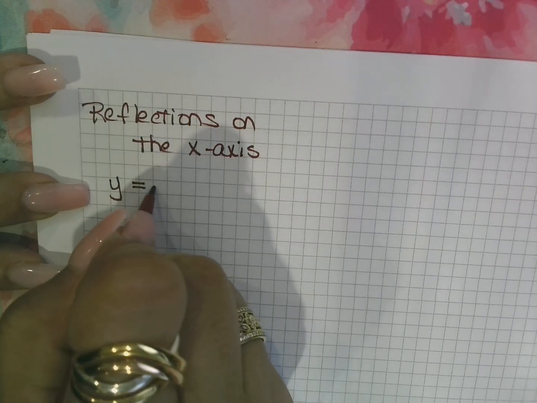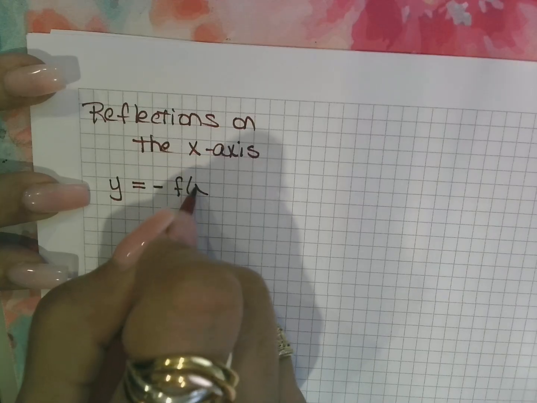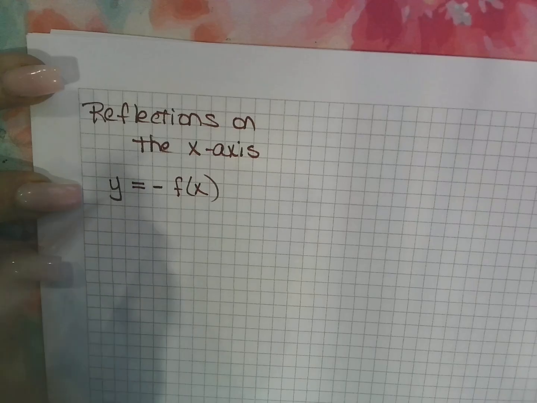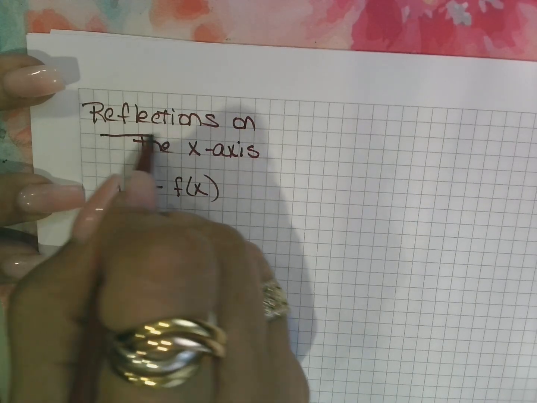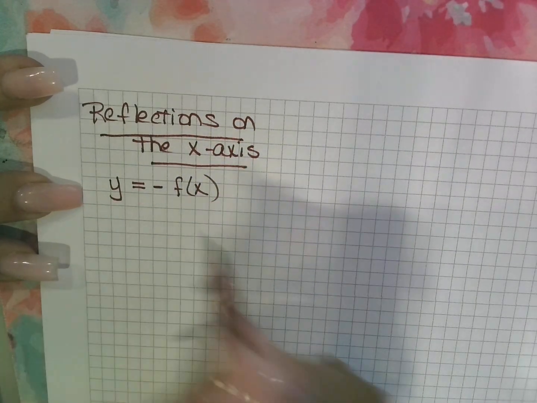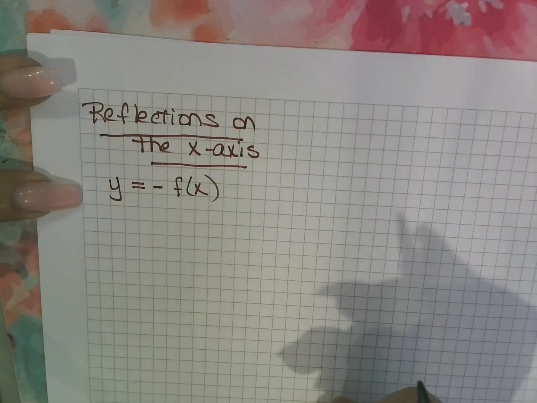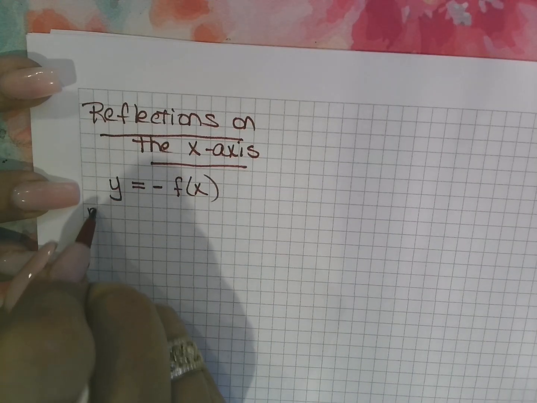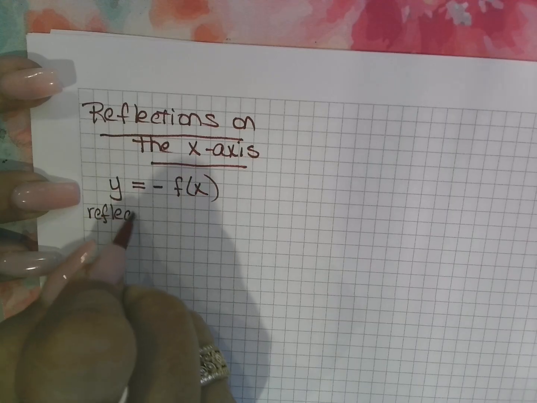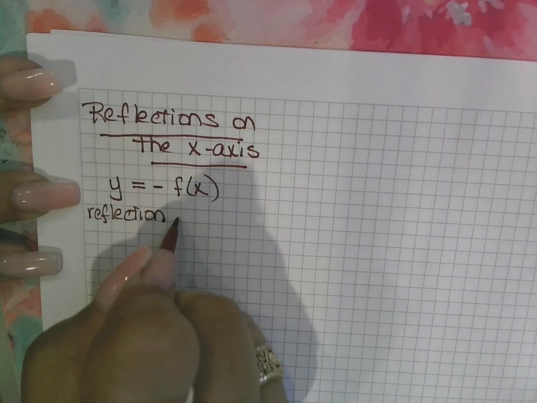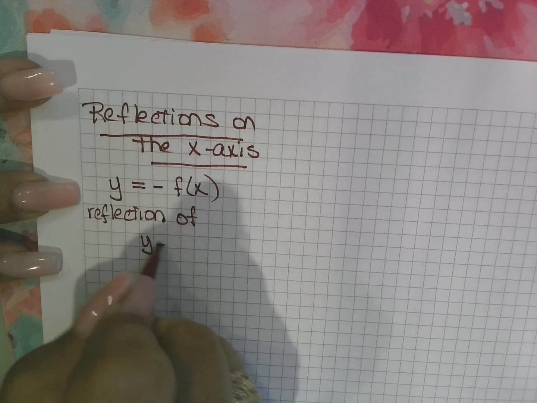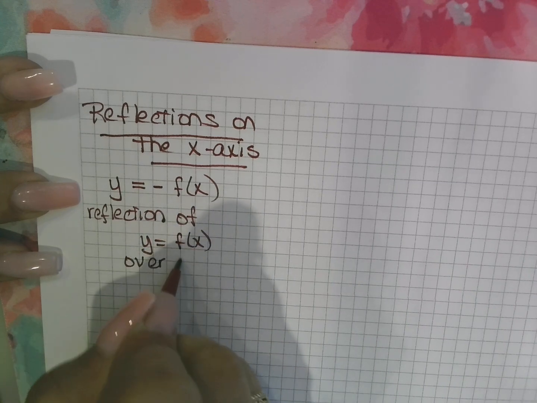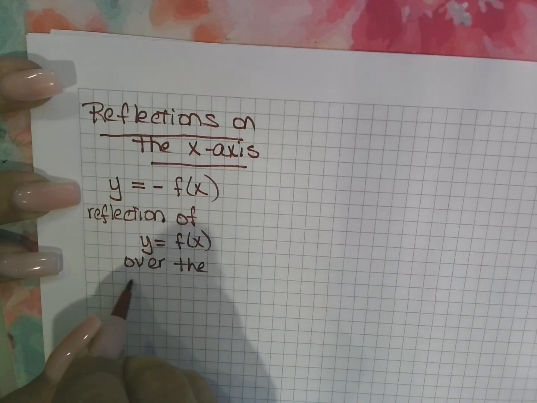Y equals negative f of x. There is a minus sign in front of the function. So when you see a minus sign in front of the function, it's a reflection on the x-axis. So this is a reflection of y equals f of x over, or on, the x-axis.